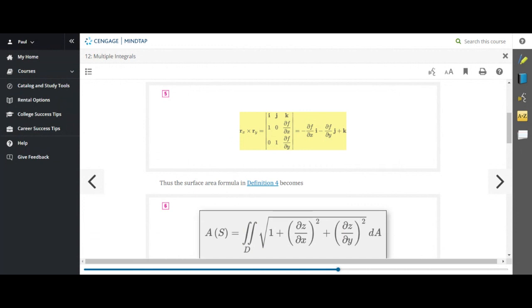So the partial of z with respect to x is... Let me go to the whiteboard to show you something on this.